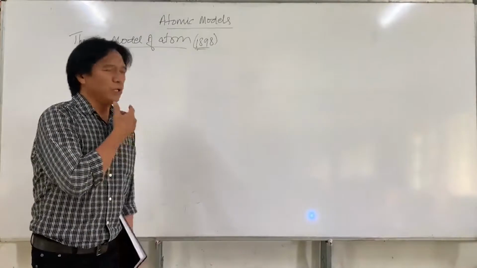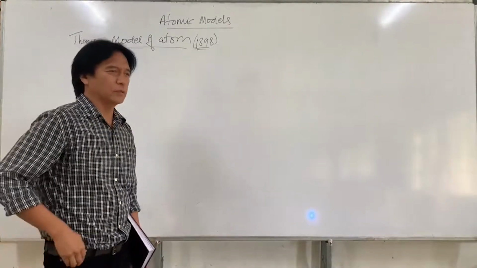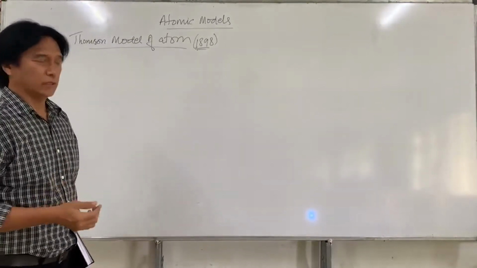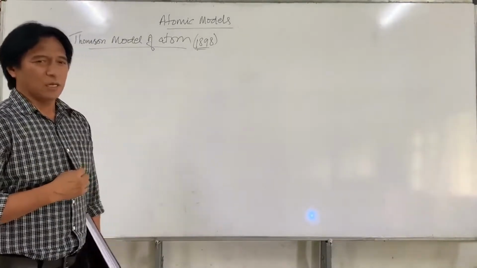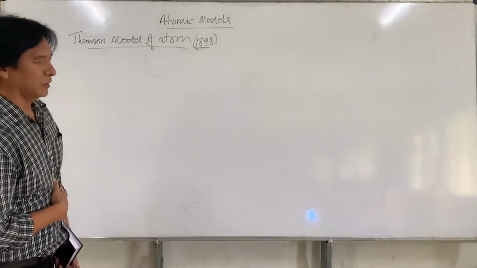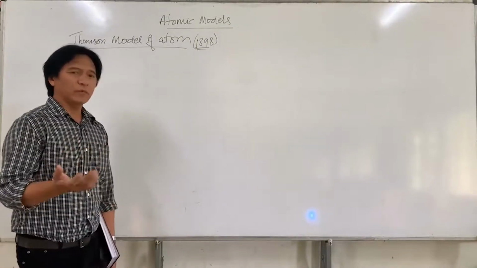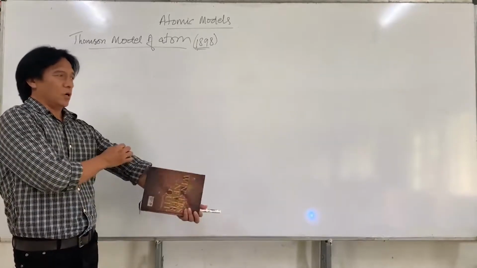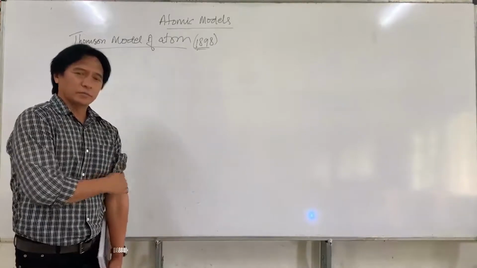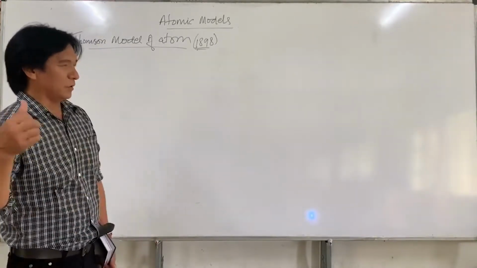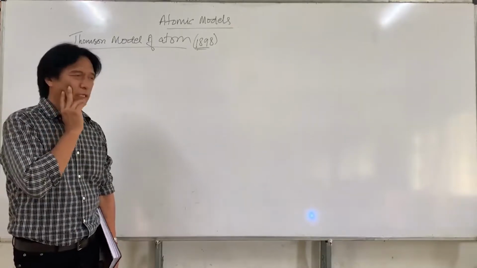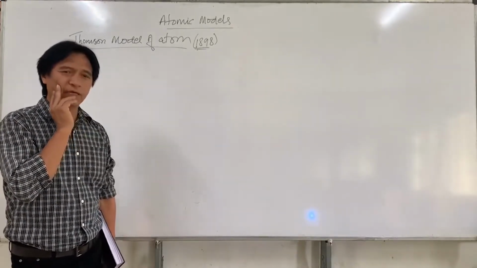So today in this video lesson, we're going to learn about atomic models. We have already learned about the discoveries of these fundamental particles, that is, the subatomic particles that are present in an atom, namely the protons, the neutrons, and then the electrons in the last video lesson.